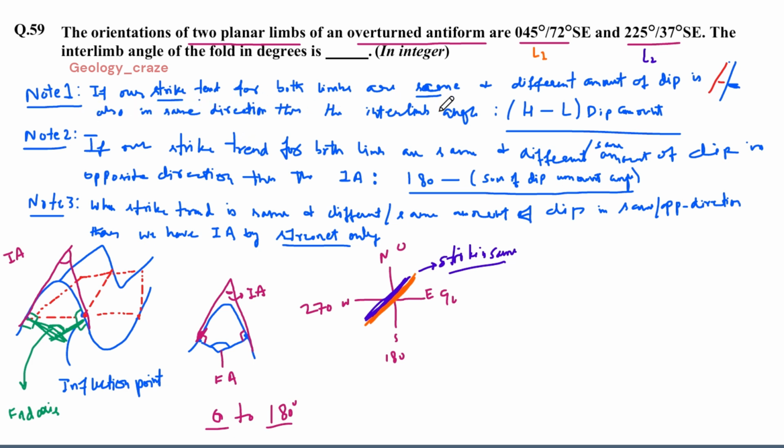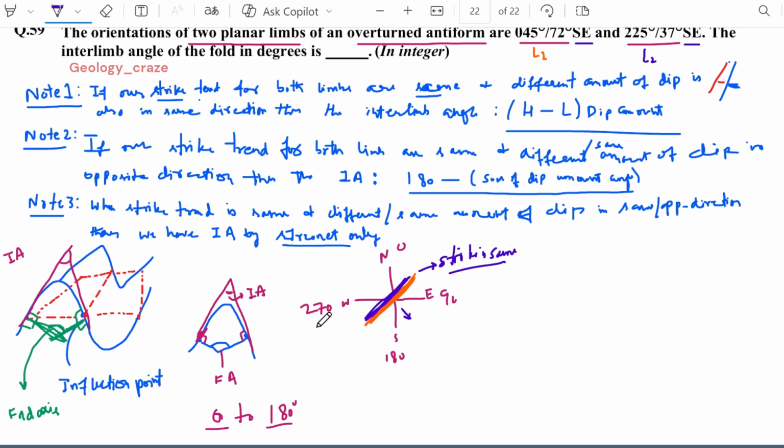If our trend for both limbs is the same, and the dip is also in the same direction, then in which direction is it dipping? Southeast. It is also dipping in the same direction, southeast. So in this direction both are dipping.